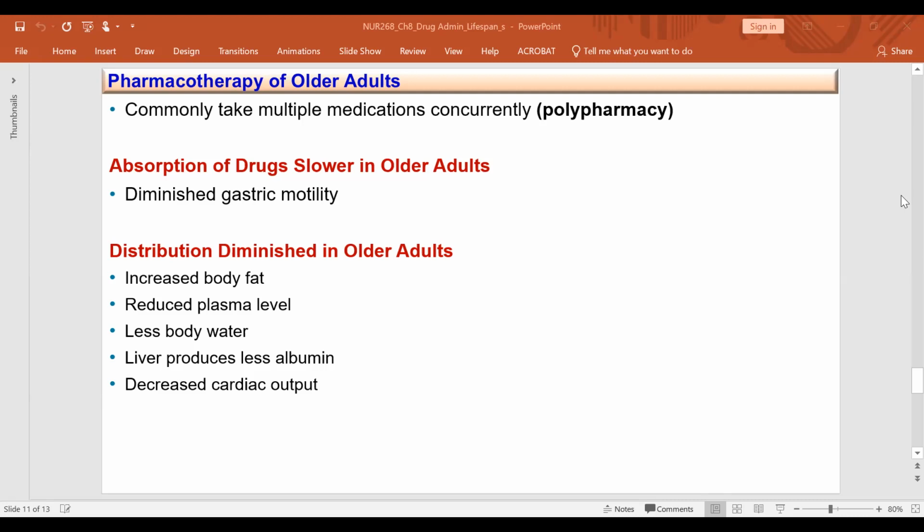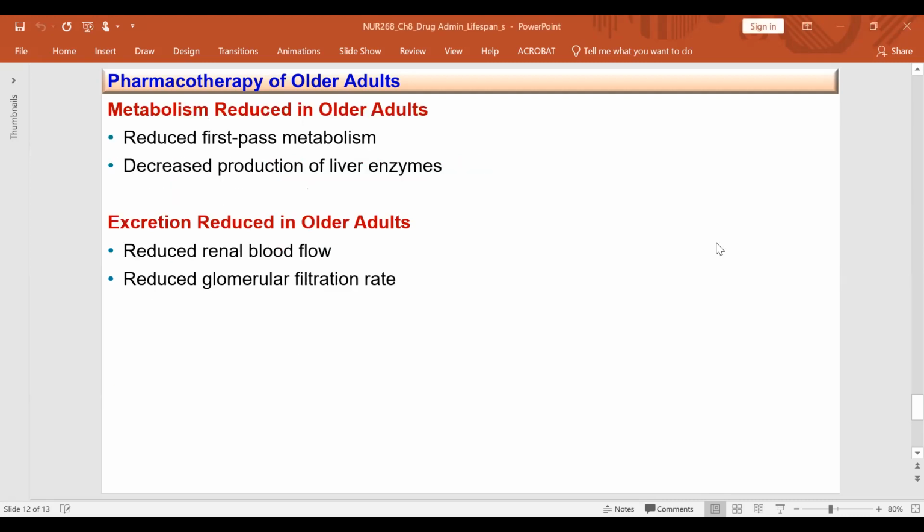Now metabolism. Hepatic metabolism declines with age. So reduced hepatic blood flow, reduced liver mass, and decreased activity of some hepatic enzymes will occur with aging.